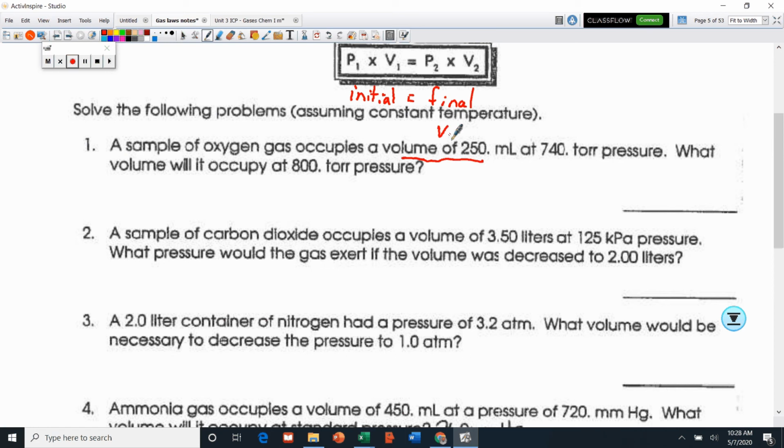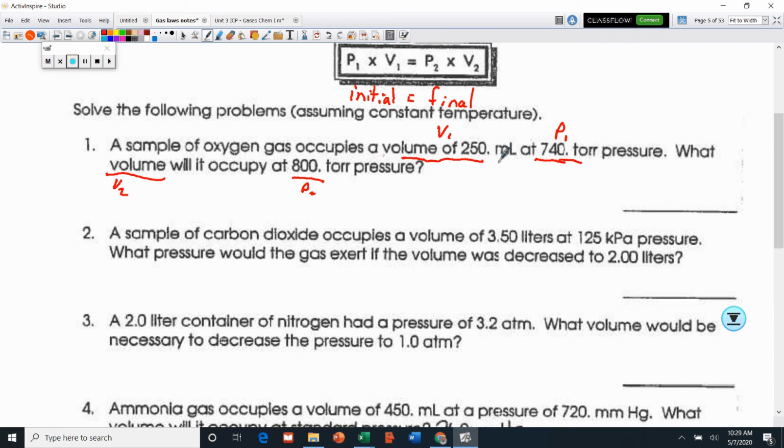I'm going to call that my V1, at a pressure of 740 torr. I'm going to call that my P1. What volume, so that's my V2, will it occupy at 800 torr? P2.